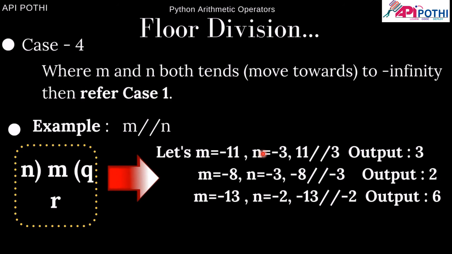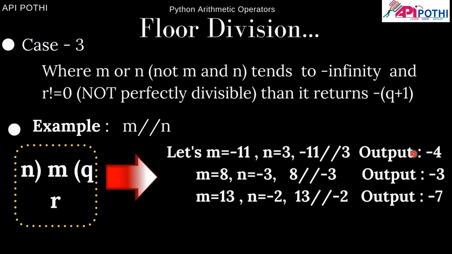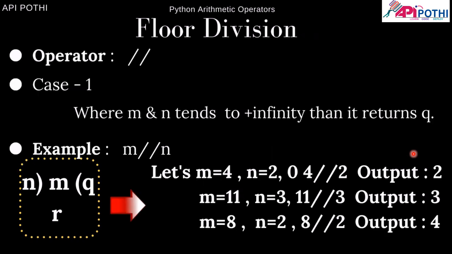Case 1 is that we are not interested in the remainder, we are only interested in q. So minus 11 divided by minus 3: minus minus will anyhow cancel. That's the reason it will be 11 divided by 3 at the end. So 11 divided by 3 equals 3. 3 into 3 is 9, r will be 2. Not interested in knowing r. So this directly redirects us to case 1.